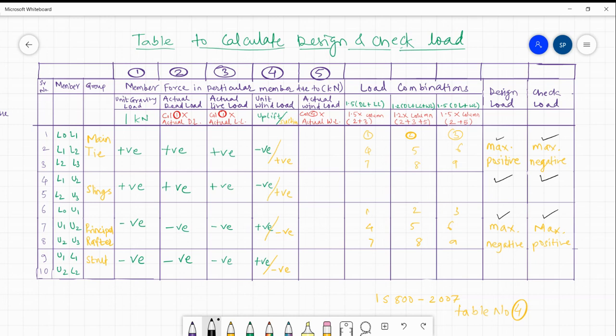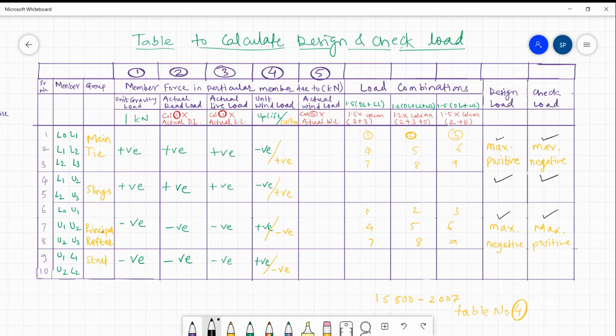Only when it is subjected to the predominant action of uplift wind pressure, during that period the member will be subjected to stress reversal, and it has to sustain tension as well. That's why it will be designed as a compression member, and simultaneously it will be checked for tension.